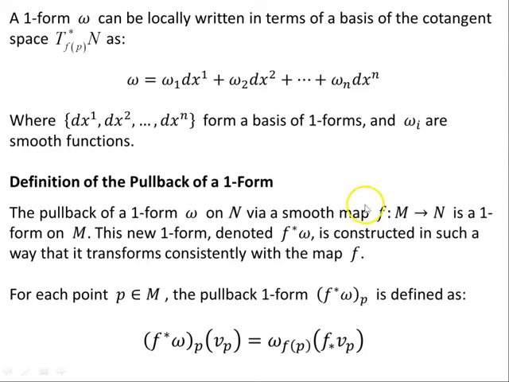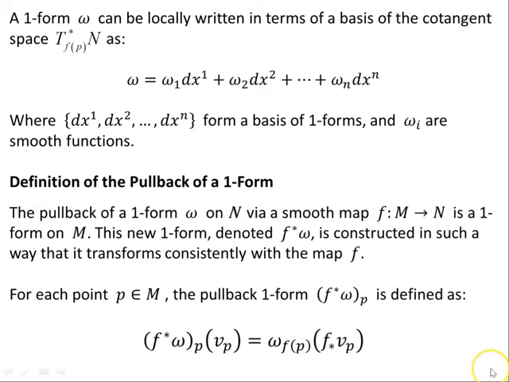So when we pull that omega back, that was in the previous diagram, we'll get another one form on M. This new one form, denoted f star omega, is constructed in such a way that it transforms consistently with the map f. So for each point p belonging to M, the pullback one form f star omega at the point p, acting on the vector v_p, because remember one forms take vectors as their arguments to produce a scalar number, is the same as the one form evaluated at f of p acting on f star v_p, the push forward vector.